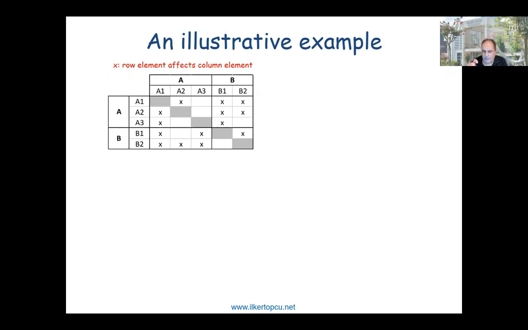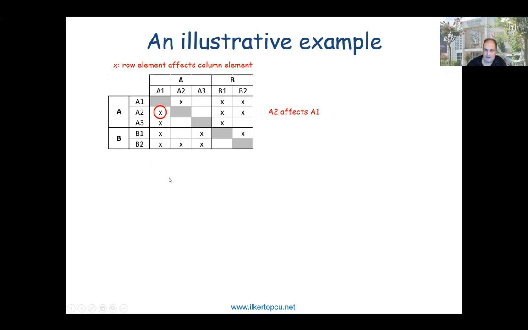We will compare which one affects the parent A1 more and how much more, but we will do this comparison within the same cluster. I mean, we will compare A2 with A3, and then we will compare B1 with B2, but we will not compare A2 with B1 or A3 with B2. They are in different clusters. We'll make our comparisons in the same cluster.